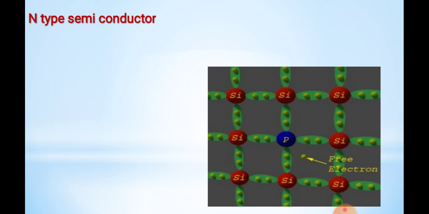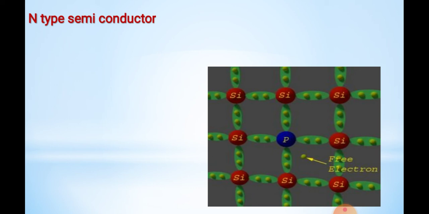In the structure we have dots, and the dots are electrons. Around one silicon atom we have 4 electrons, so the valency of silicon is 4. When one silicon is connected with another silicon, they are connected with a covalent bond. Covalent bond means there will be a bonding between 2 electrons.